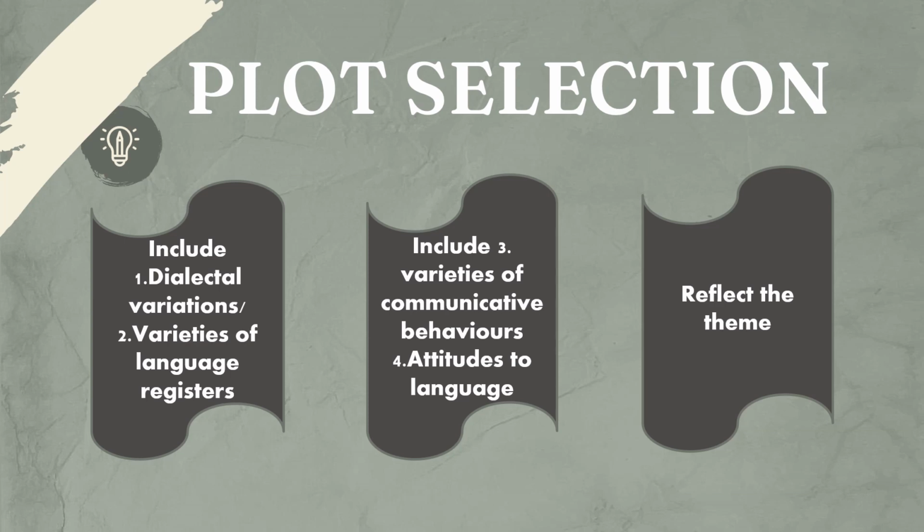So the plot is going to need to allow you to work in dialogue where people use both Jamaican Creole and Jamaican English, and physical body language, which is traditional to how Jamaicans communicate with each other.